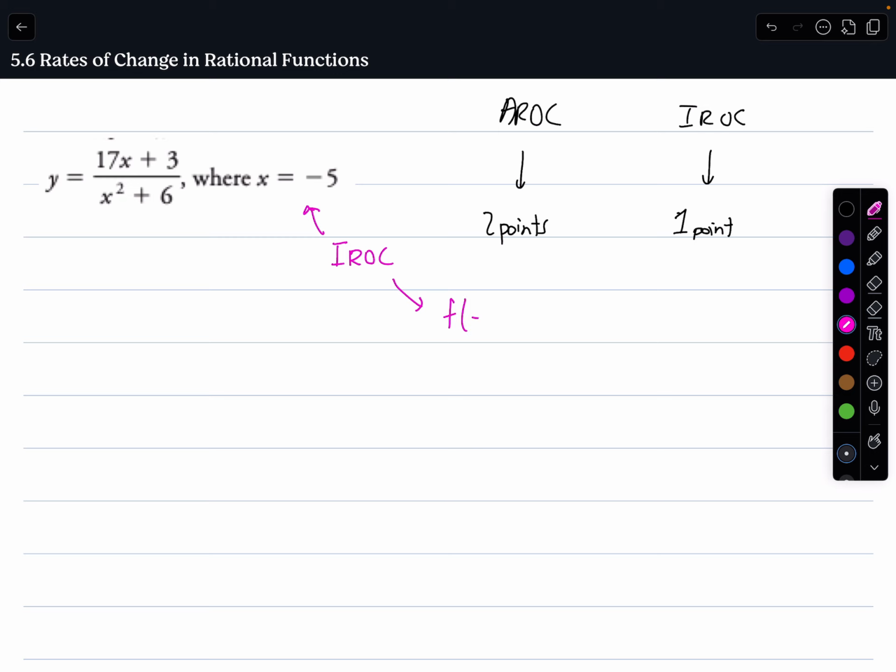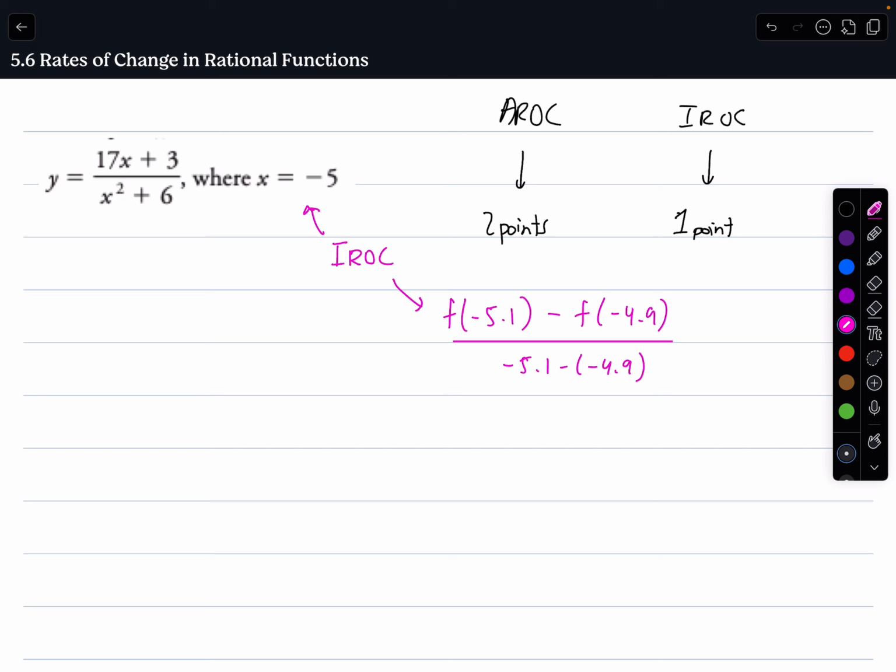So we're going to have f at negative 5.1 minus f at negative 4.9 over negative 5.1 minus negative 4.9. So this is how we're going to set up this equation.